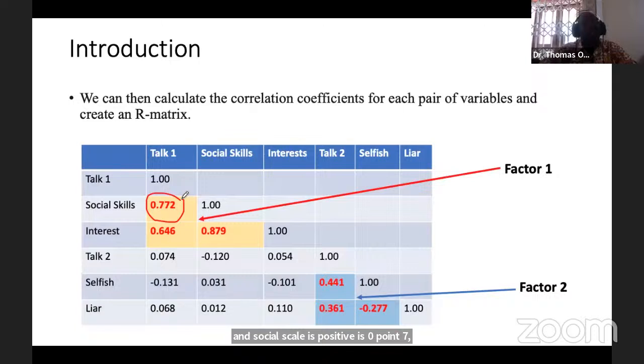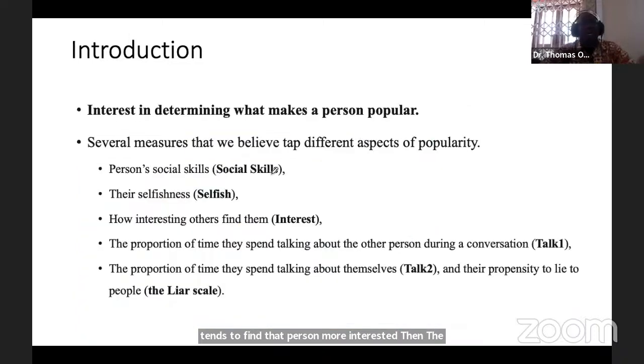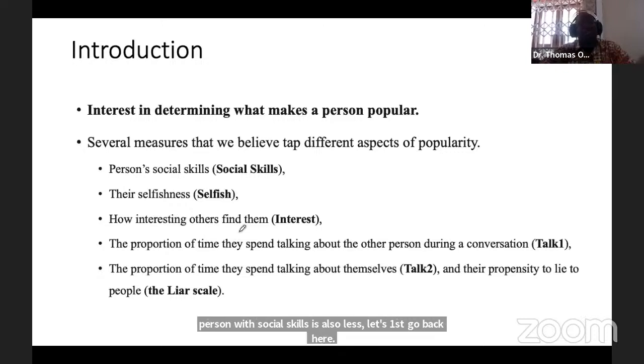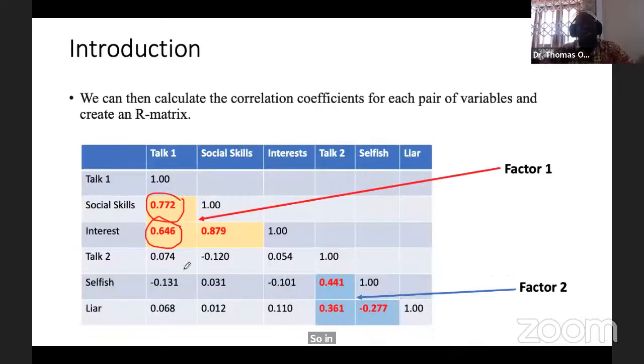That means a person who talks more about others also tends to have higher social skills. A person who talks more about others is also found more interesting. So a person with high social skills tends to be found interesting by others.